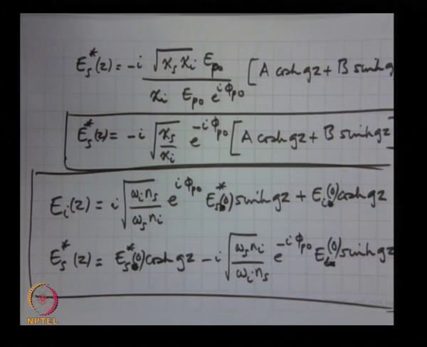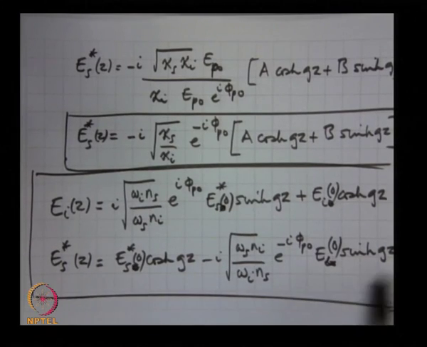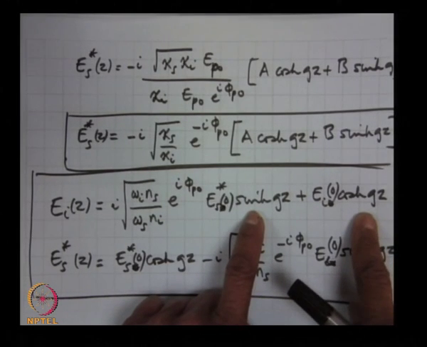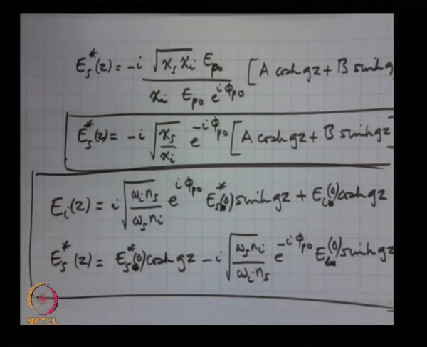Okay, I think we will stop here now. What we will do in the next class is, using these equations, I will show you that you're getting a sinh term and a cosh term. If you make sure that you have a sum of cosh and sinh, it will lead to an increase in amplitude, because cosh gz plus sinh gz is exponential gz.